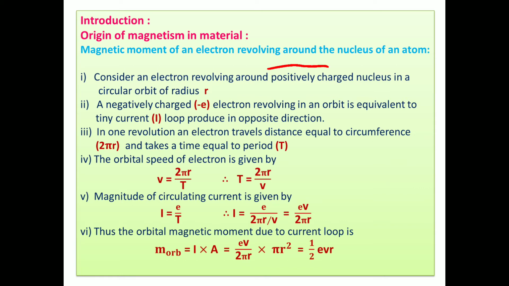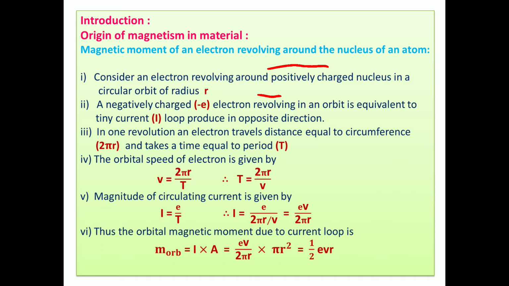Consider an electron revolving around the positively charged nucleus in a circular orbit of radius r. Means the electron is revolving around the nucleus along the circumference of a circle of radius r.